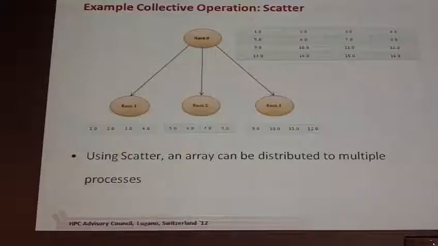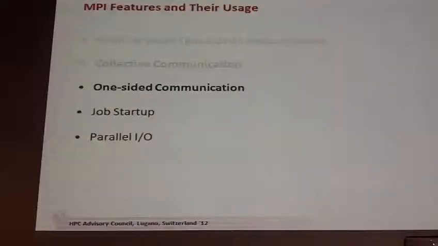Otherwise, to facilitate this operation, the MPI standard has a collective operation called scatter. Once you call MPI scatter and give a pointer to this array, the underlying scatter within the MPI library is able to do these operations. So that becomes much easier from a programmability point of view. It makes the job of a programmer much easier.